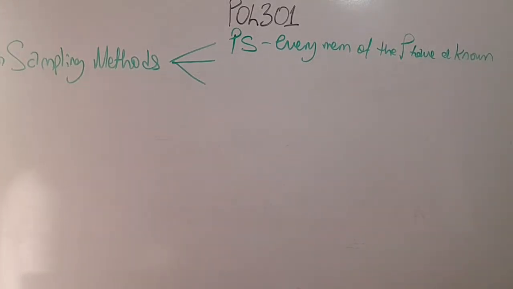Based on that, under this probability sampling, we have some stages involved. Some of these stages are the simple random sampling, the systematic sampling, the stratified, and cluster.